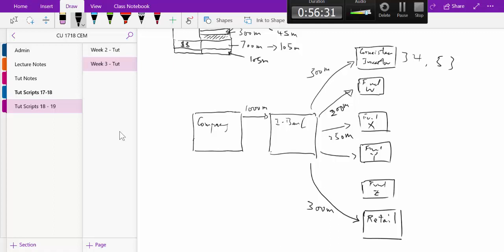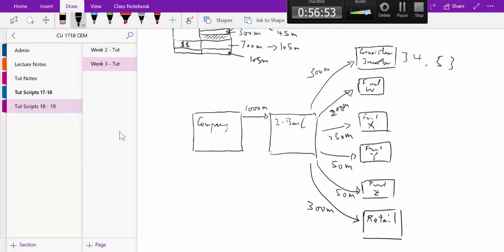And Fund Y buys 100. Oh, no, there's another one down there. 50 and 50. Now, can you see what's going on? Now, first of all, when did this happen?